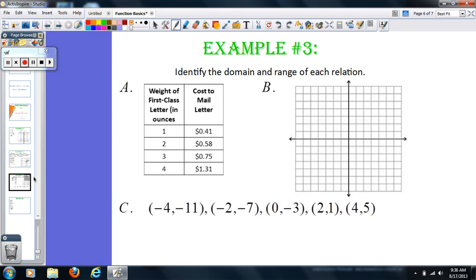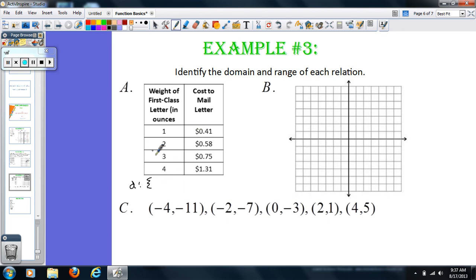So your domain is the set of all x values for the problem. Or you could say the domain is all of the inputs for the problem, because we know the input is also the x values.